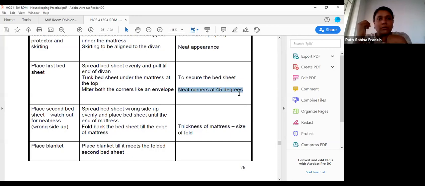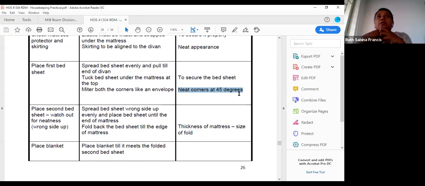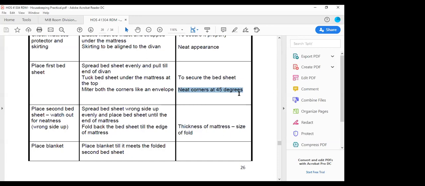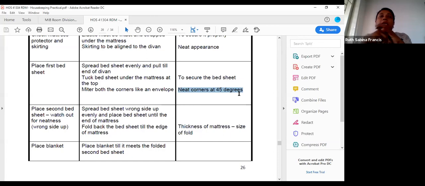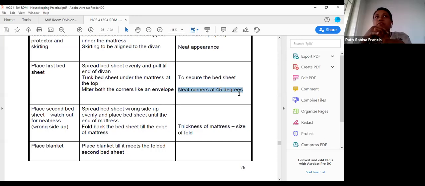Is it Miss Aslinda? Very nice. She should have drilled you on that particular mitre corner, right? Now tell me why you need to have that mitre corner, and it has to be neat. For better presentation. For better presentation, very good.